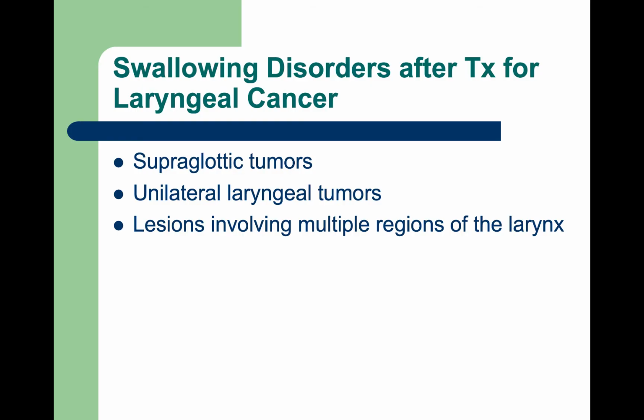Larynx. So you may have supraglottic tumors, you may have unilateral laryngeal tumors, or lesions that involve more than one area. I just want to clarify first the difference between laryngectomee, ending in E-E, versus laryngectomy, T-O-M-Y.